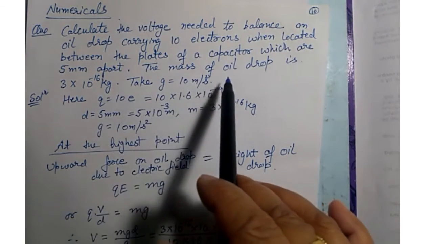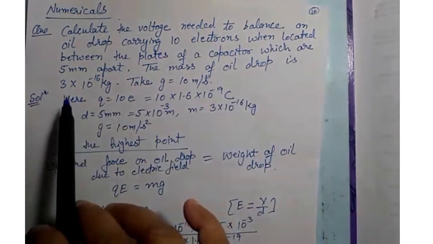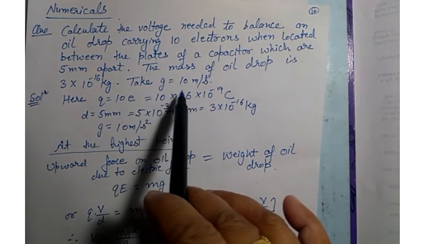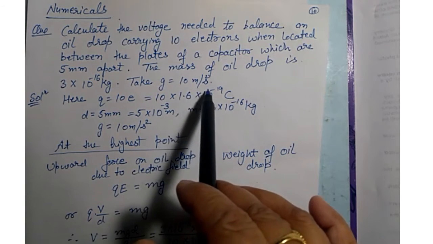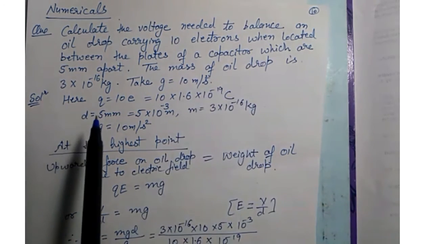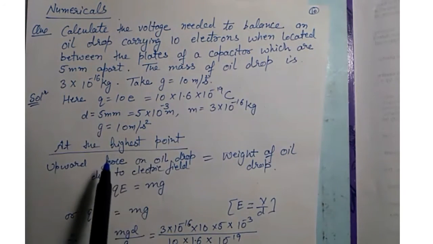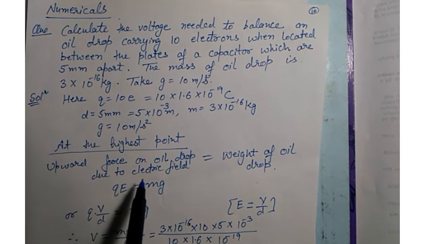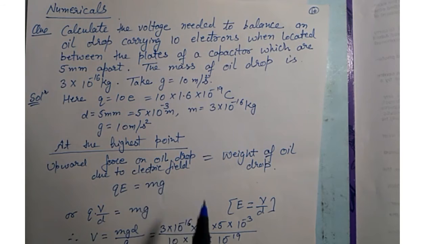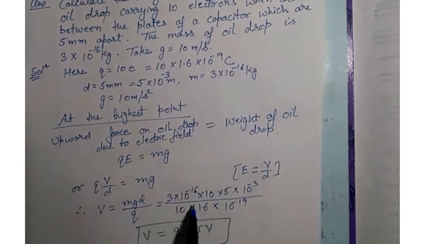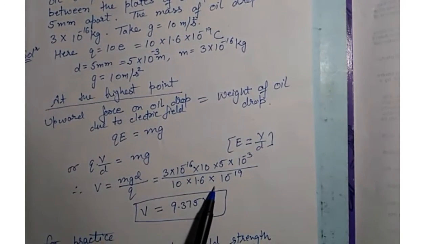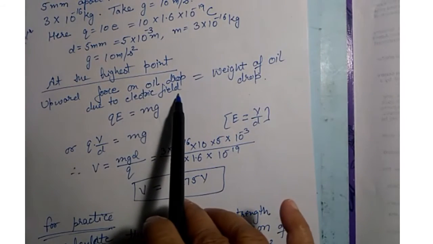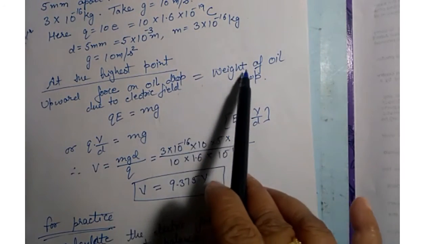The mass of the oil drop is 3 into 10 raised to power minus 16 kg, given g is equal to 10 meter per second square. Here these are the given quantities. At the highest point, we know that the particle comes to rest for a fraction of a second. So here the upward force on the oil drop due to the electric field is equal to the weight of the oil drop.